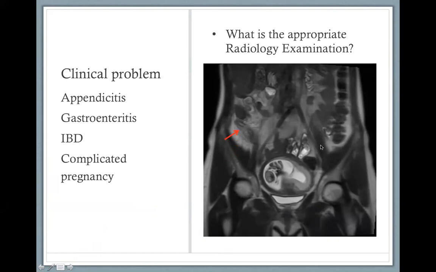And which sequence is this? So this is a coronal plane. Which sequence? T1, T2. Which one?